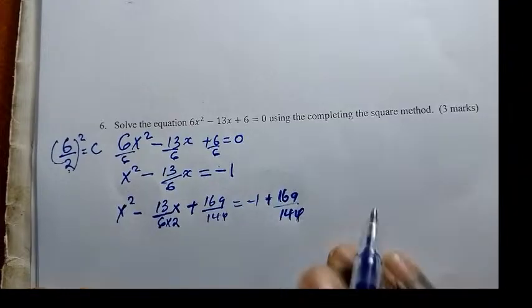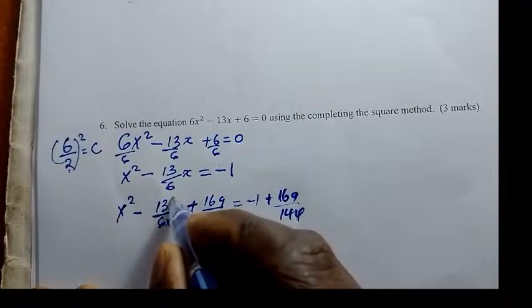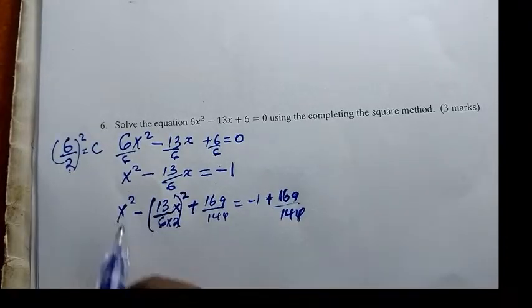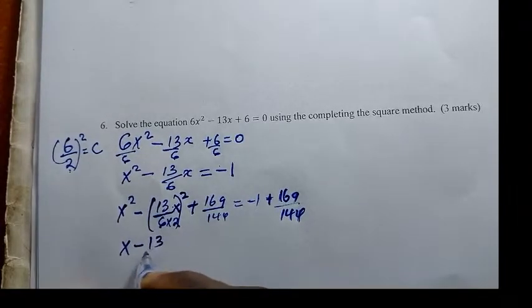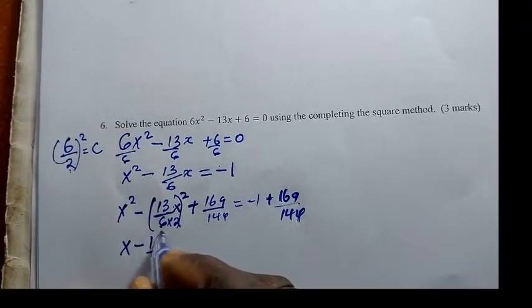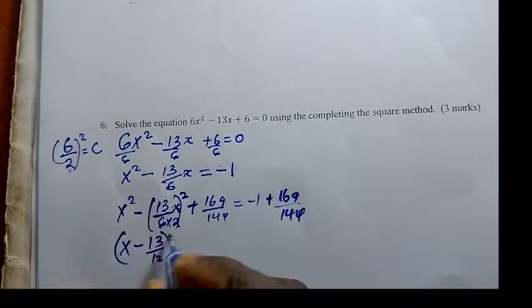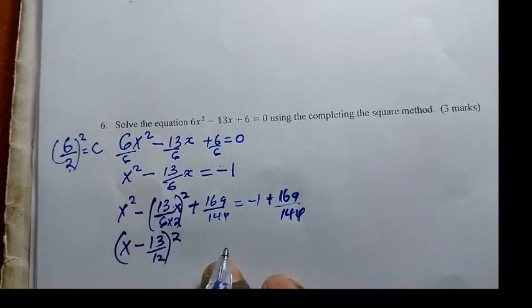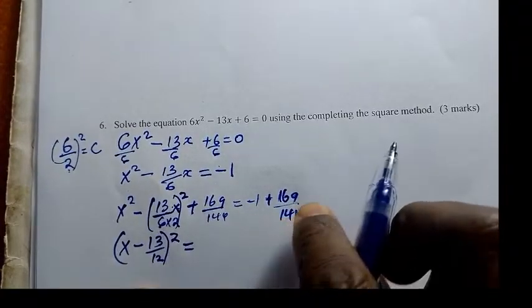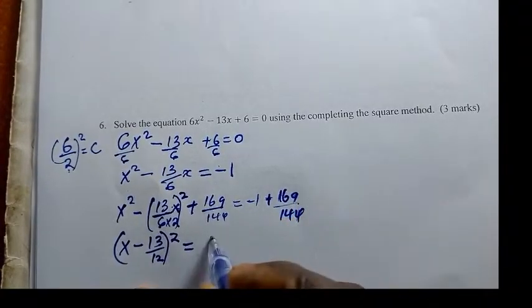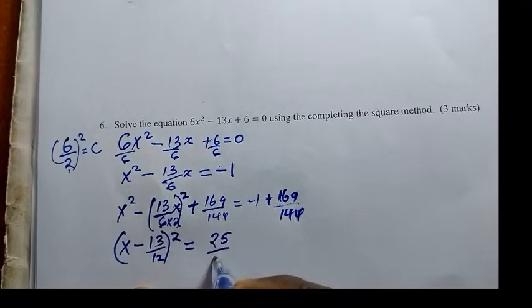Now, but remember this one is squared. Tunachukua moja, tunasema x minus 13 over 12 squared equal to negative plus 169. You use your calculator, you will get 25 over 144.